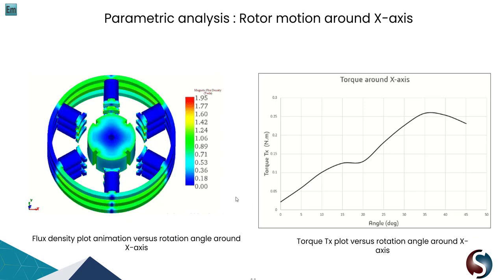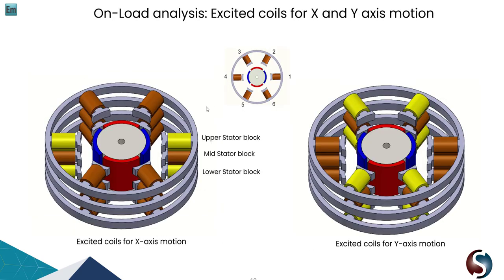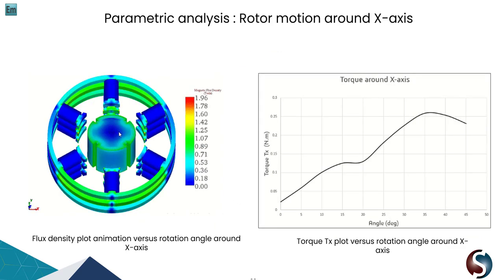So first of all, we did the 1D motion around the x-axis. We just excited the coils in yellow shown on the left side in the previous slide. Let's go back to it. By exciting these coils, we are able to achieve this motion around the x-axis, and the torque around the x-axis, as you can see.